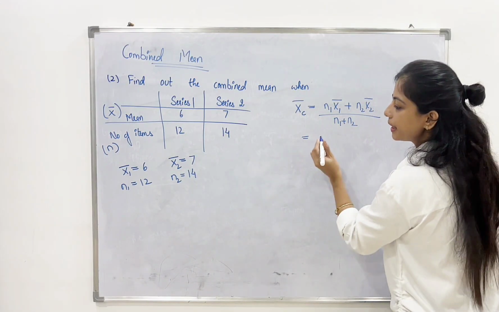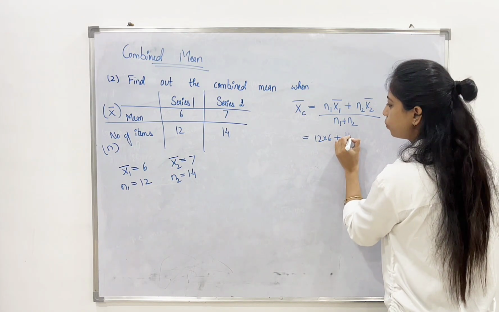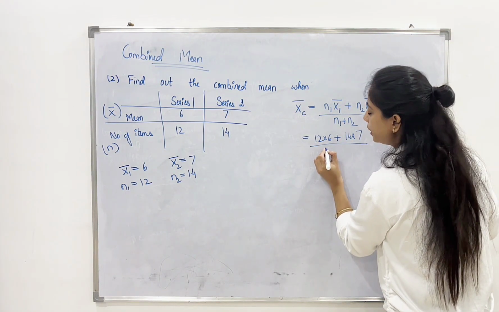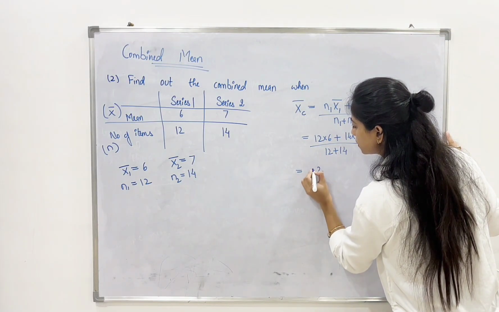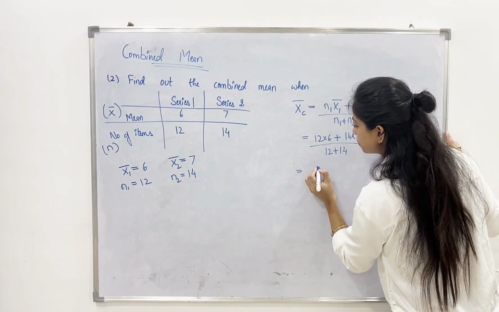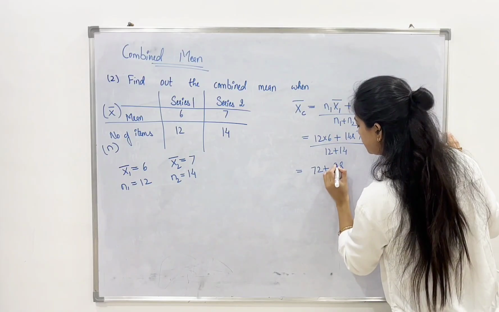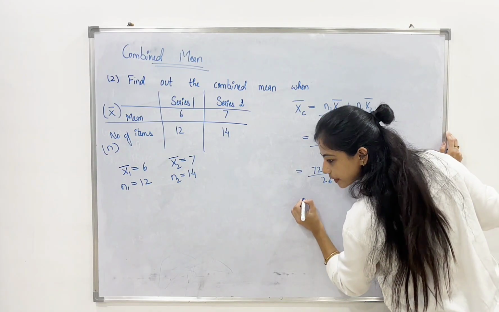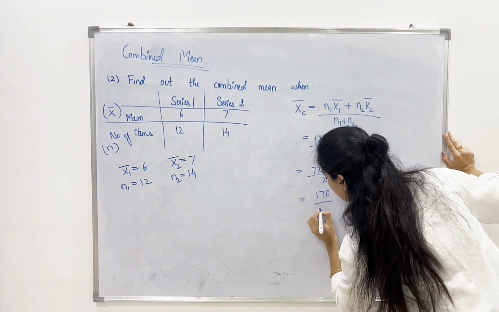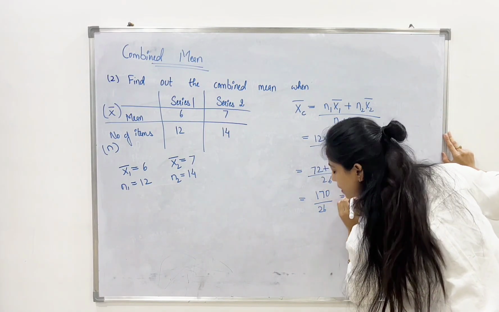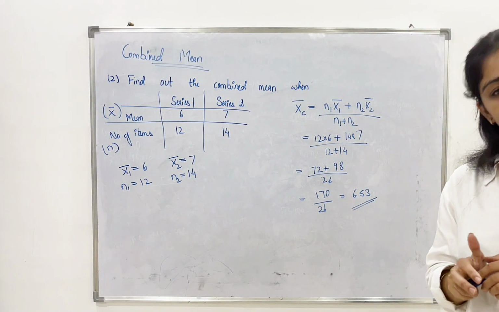Now we will be applying that in the formula. 12 into 6 plus 40 into 7 divided by 12 plus 40, which is 72 plus 280 divided by 52, which comes up to 170 upon 26, and the value is 6.53. So this is the value we get for this particular question.